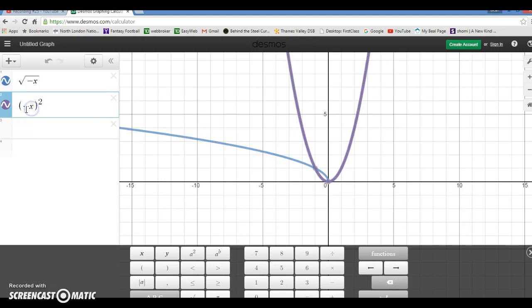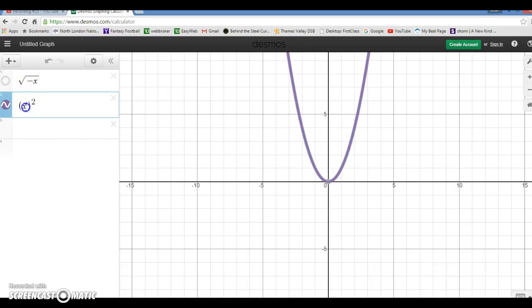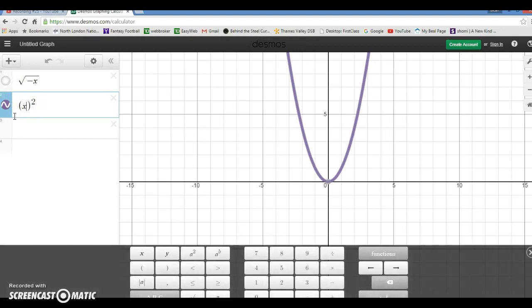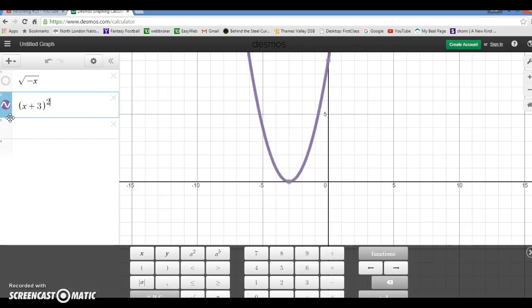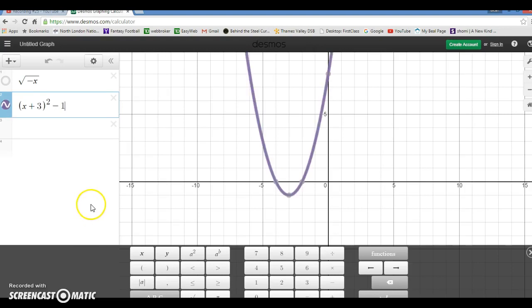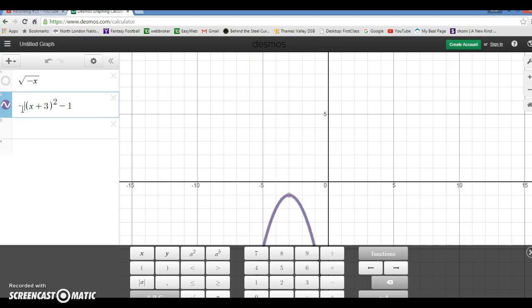So if I take a parabola, and I'll turn this one off for a second, and do something like this, which goes back from yesterday. If I move it left 3, and let's move it down 1, so I have left 3, it's a 3 here, but it's horizontal, so change the sign, and this means down 1. Before, what we had done in the past is we flipped this vertically. I flip it from here, and it moves like that.